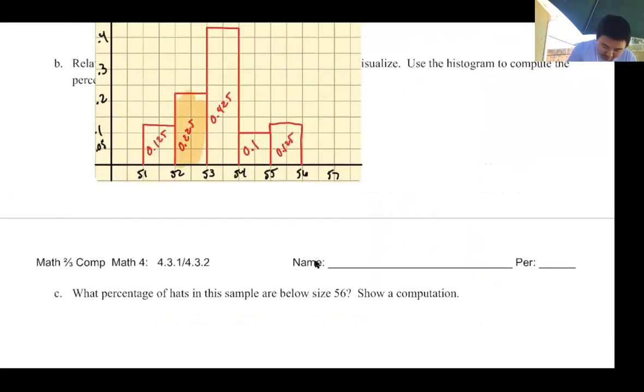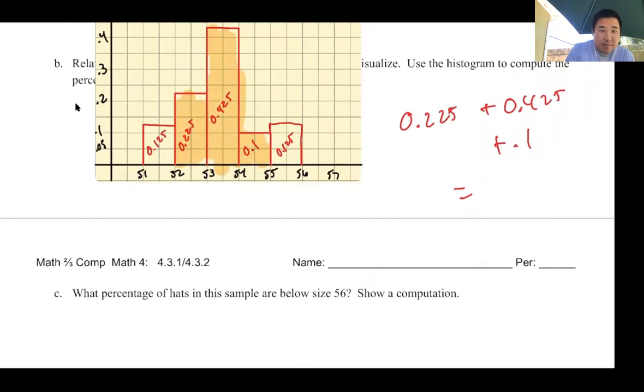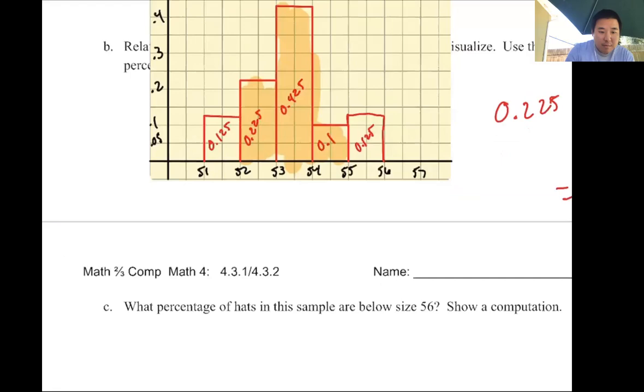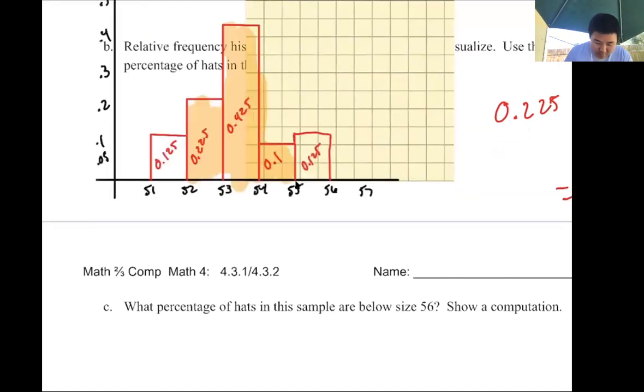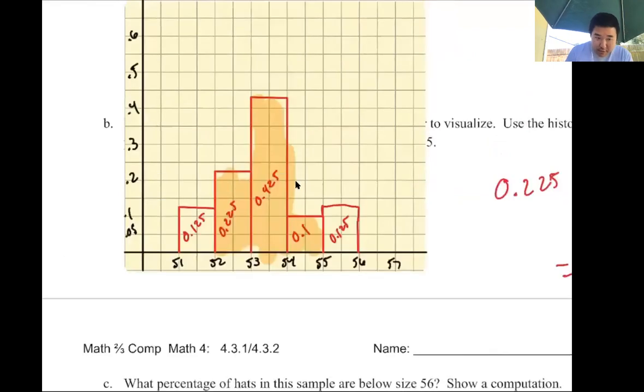So we're going to add 0.225 plus 0.2425 plus 0.1 equals 0.575.